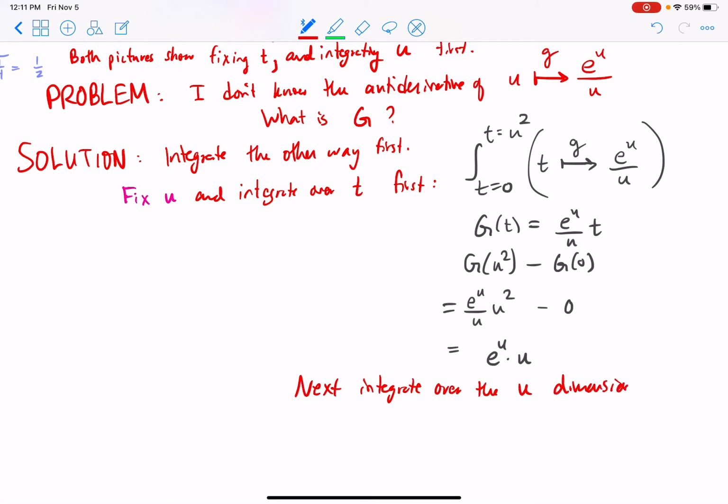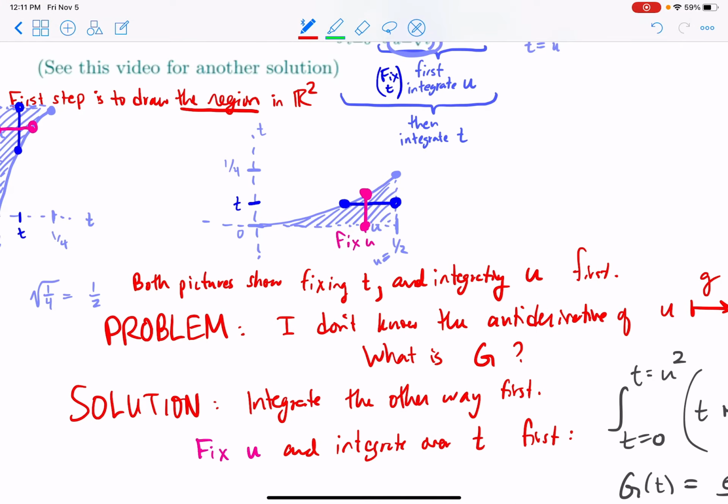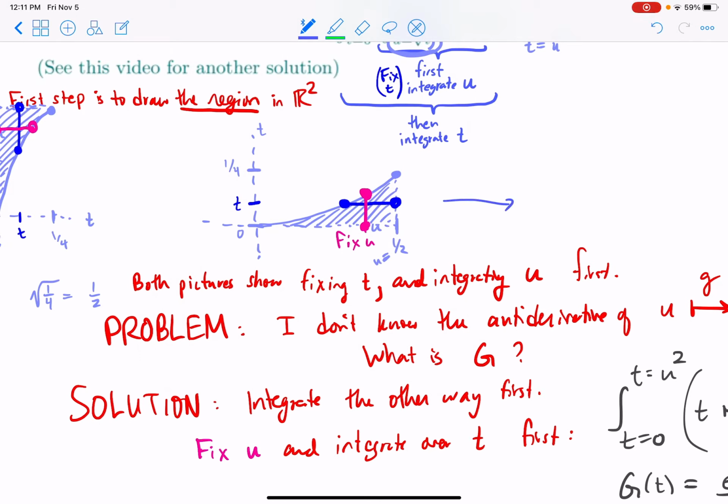dimension. Okay, let's look at our picture again. If we project onto the u dimension, in this picture the u was this left-right, so here I am. And I should start at 0 and end at u equals 1/2.